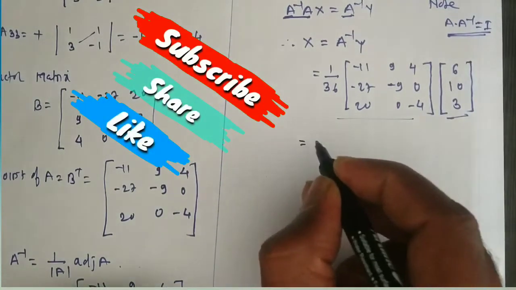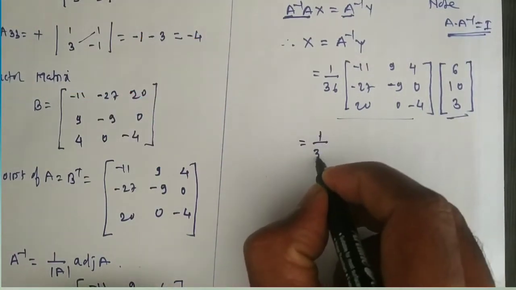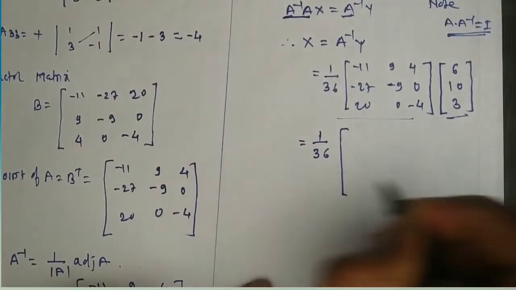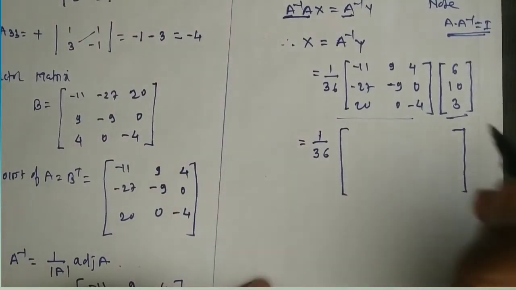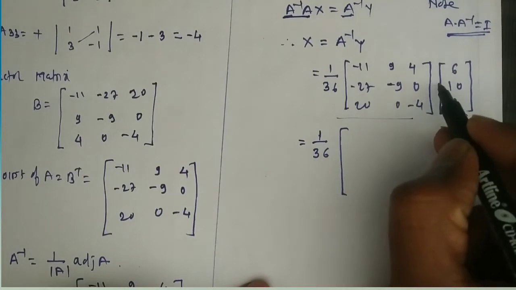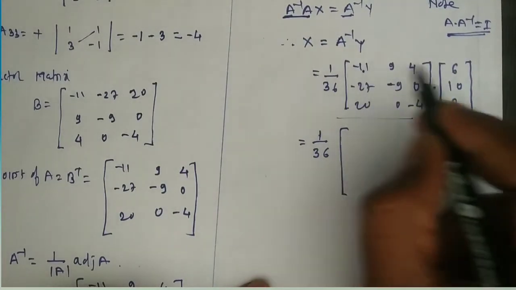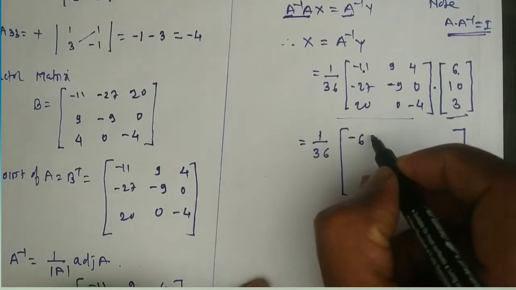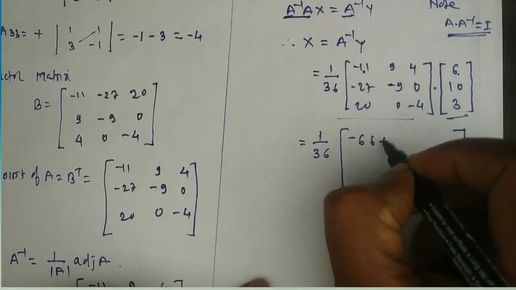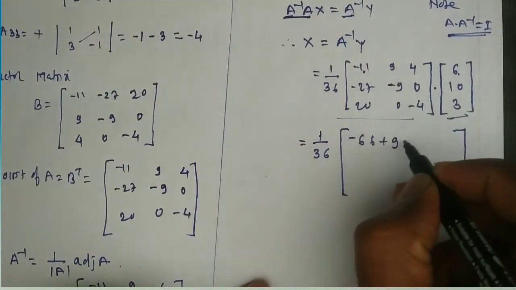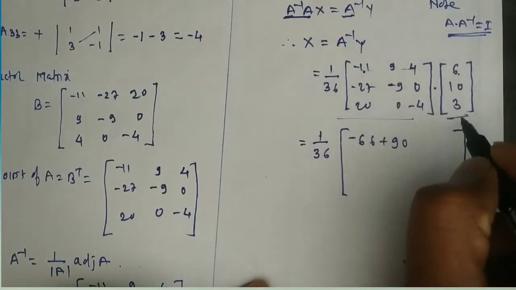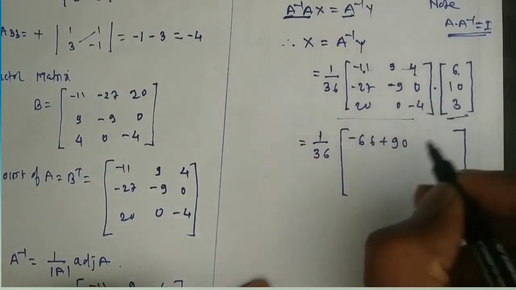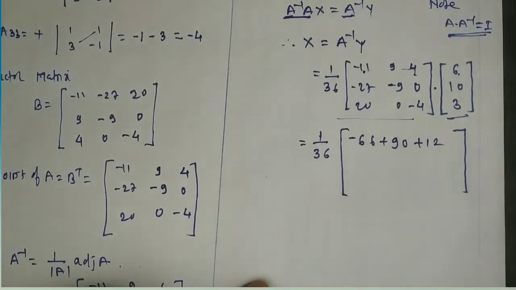So now we will find this 1 upon 36. Now find the product of these two matrices. How to get the product of two matrices? Minus 11 into 6. What is minus 11 into 6? Minus 66, plus 9 into 10, which is 90. First row, column. Then 4 into 3, which is 12. Correct?